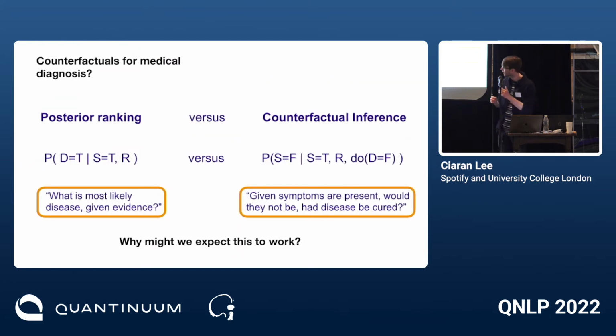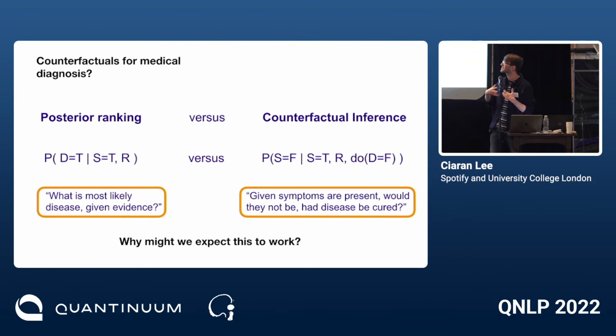This problem goes back to the mid-'80s, where people were trying to make this an automated process: given a model, how do I figure out what disease is underlying or could explain the symptoms? The standard way they do it is using posterior inference. They say, given that a certain set of symptoms are present, and moreover, I know this specific patient has these risk factors, what's the probability that a certain disease is true in this case or is likely? Then I can look at all the diseases in my model and say which one is most likely given all this evidence. That's the standard way of doing it.